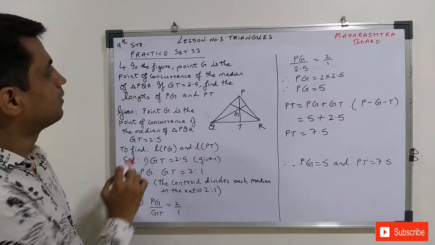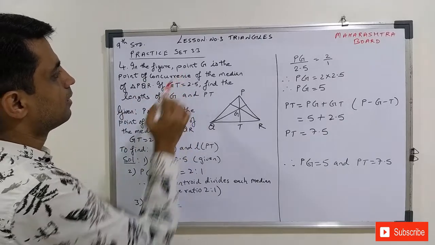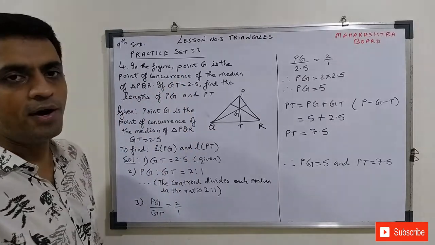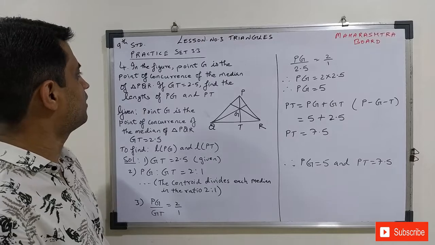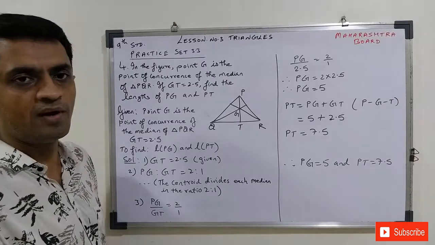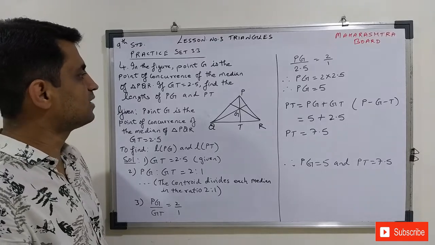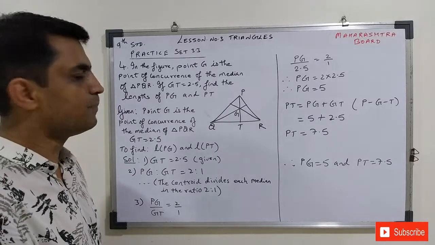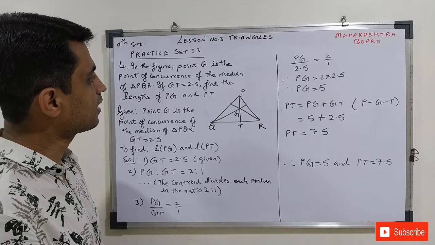Fourth sum. In the figure, point G is a point of concurrence of the medians of the triangle PQR. If GT is 2.5, find the length of PG and PT. Okay, fine.